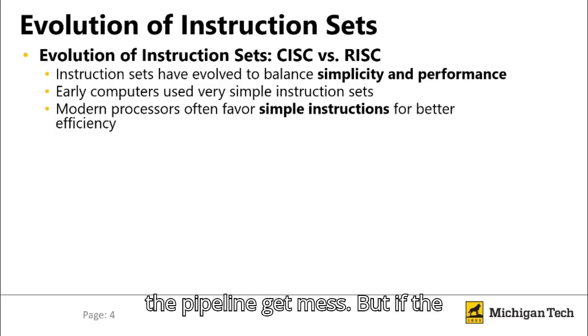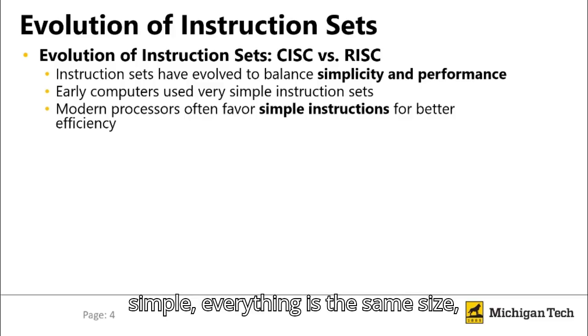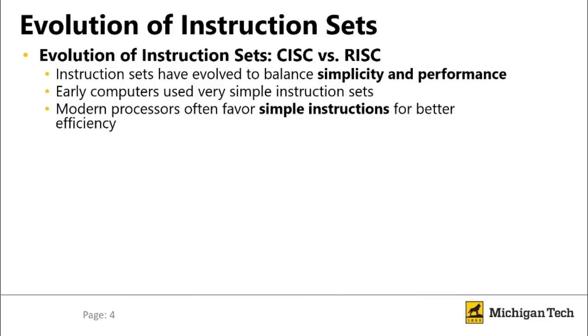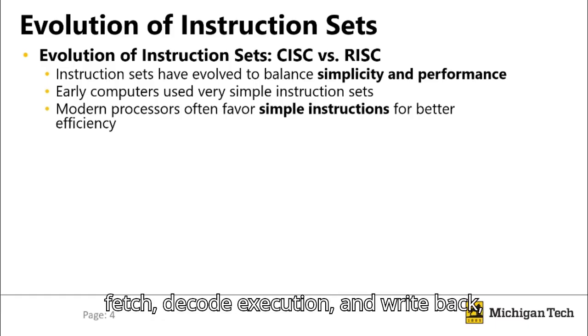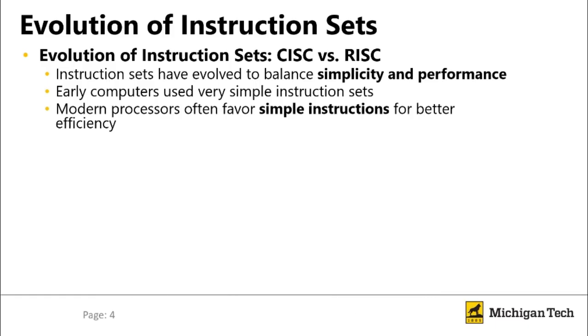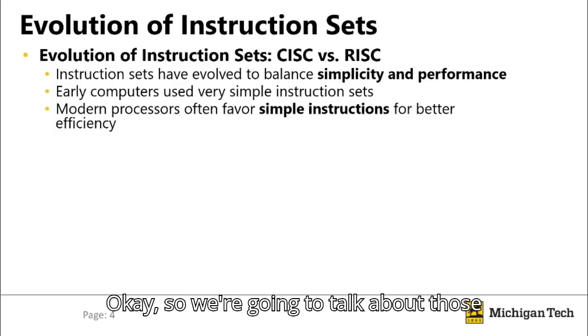So the pipeline gets messed up. But if the computer is regular, everything is the same size, and every step for running an instruction, like fetch, decode, execution, and write back, takes similar time. This regularity makes the computer able to run parallelism better without problems. Okay, so we're going to talk about those things.